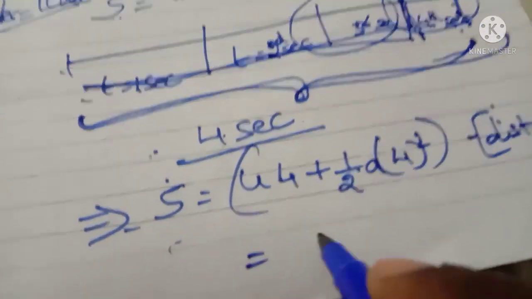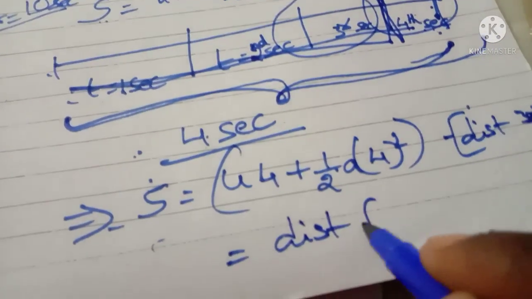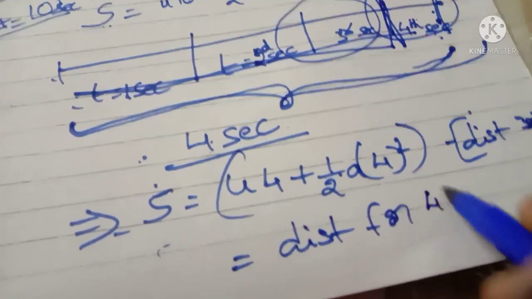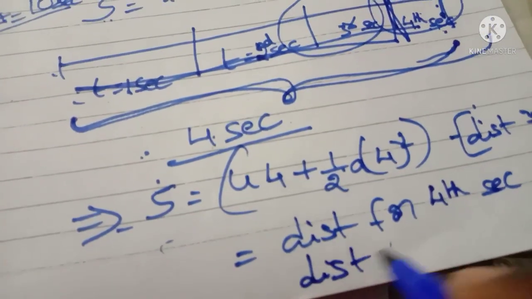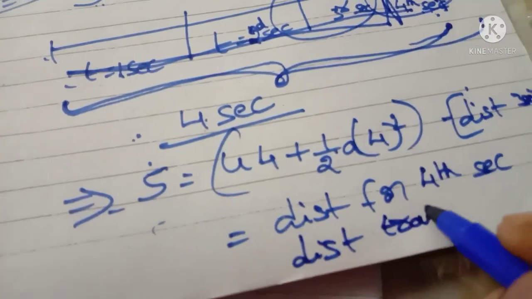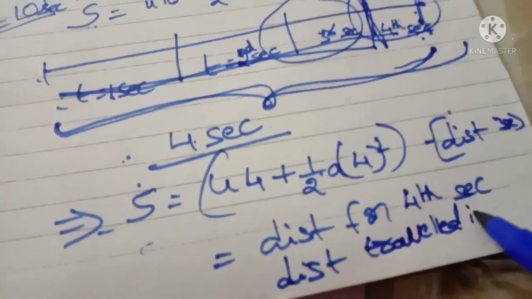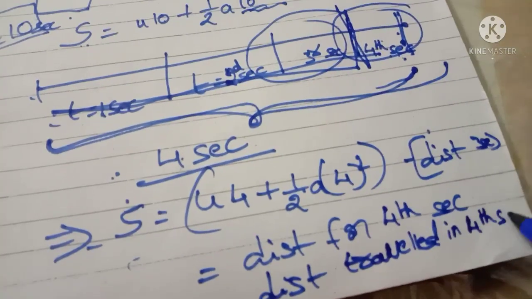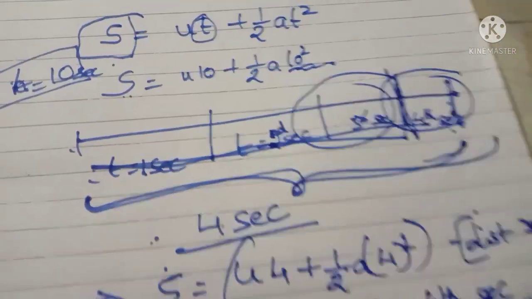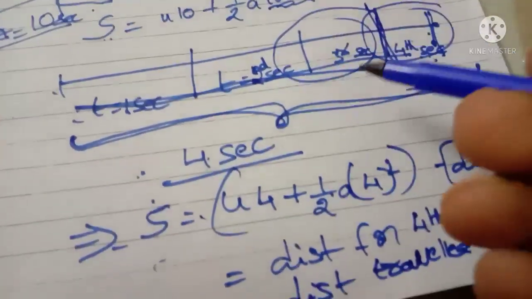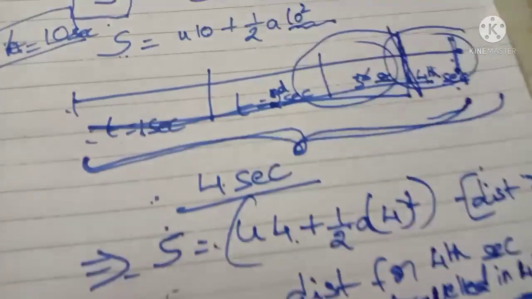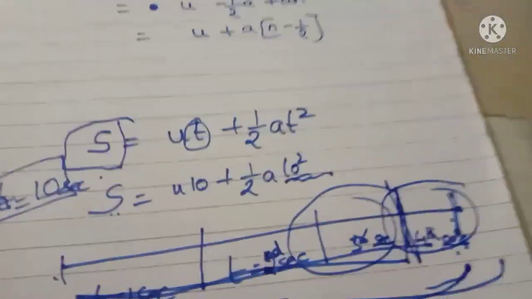So what you will get is the distance traveled in the 4th second. Every time it is not possible for you to calculate like this, so further we will derive a formula for the distance traveled in a particular second.